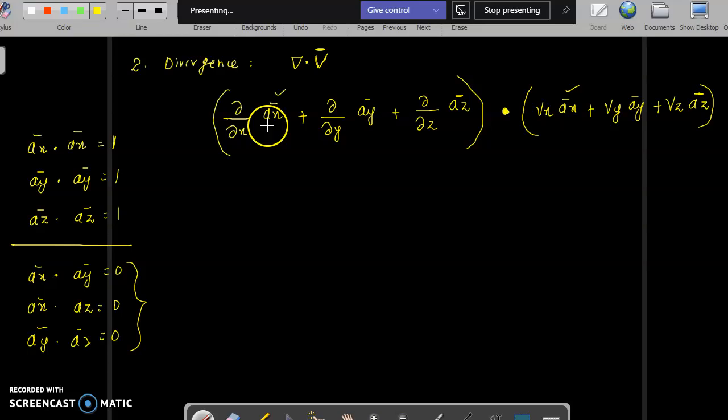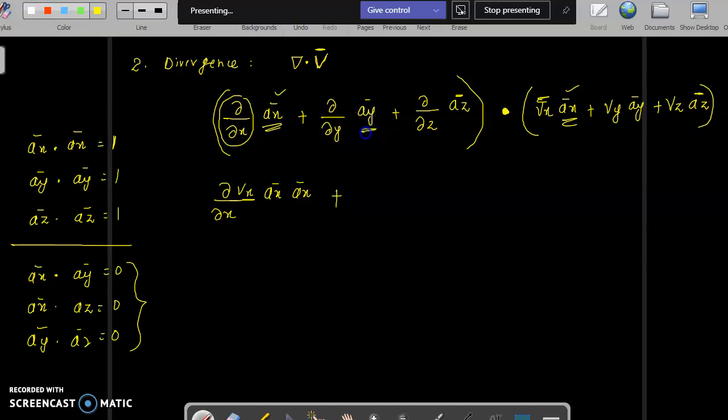So you can multiply only Ax with Ax. Then you need to take the partial derivative of Vx. So this becomes dou by dou x of that function Vx into Ax plus, you cannot multiply Ax and Ay and Ax and Az because it produces 0.